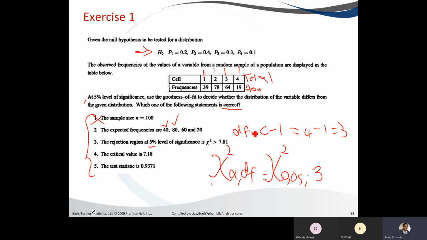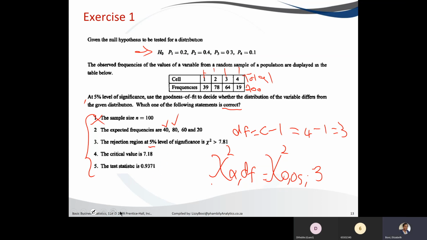Are you guys doing the exercise? Did you find the critical value?